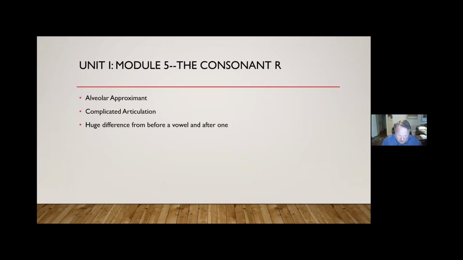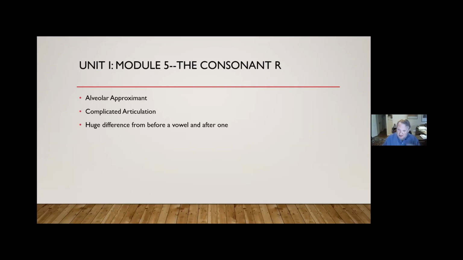And so basically, when the ER is at the end of a word in English, butter, letter, it's very hard to hear the difference between the vowel and the R. As a matter of fact, you basically could say it's a vowel and an R, and it really doesn't matter too much what the vowel is.